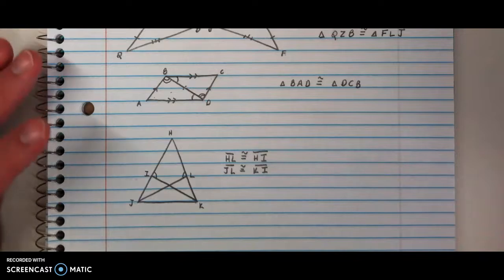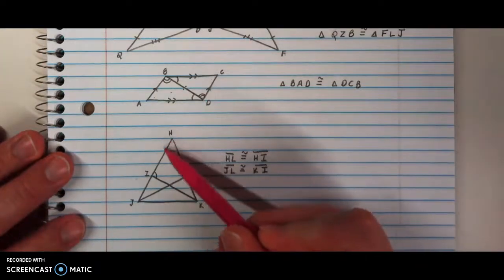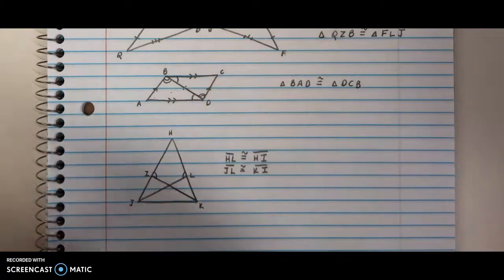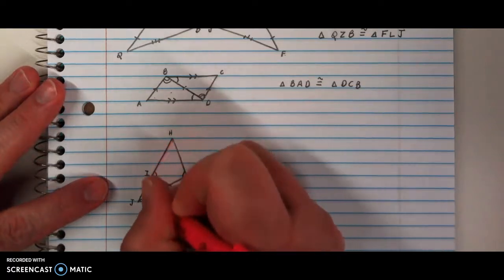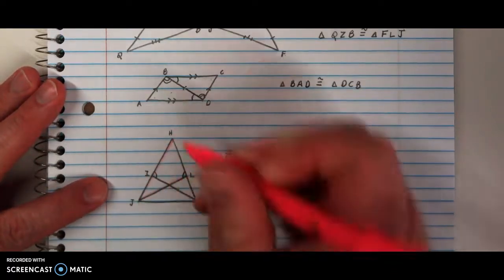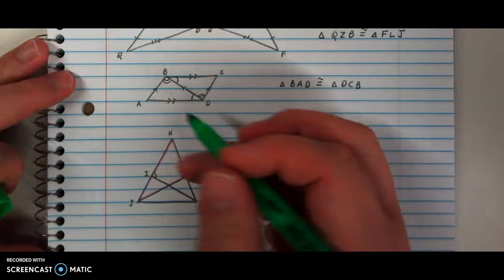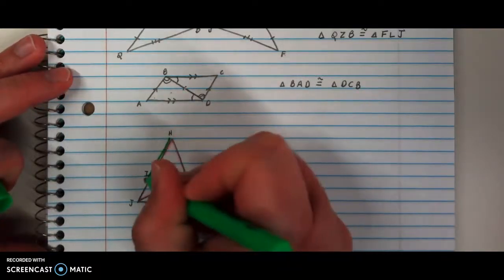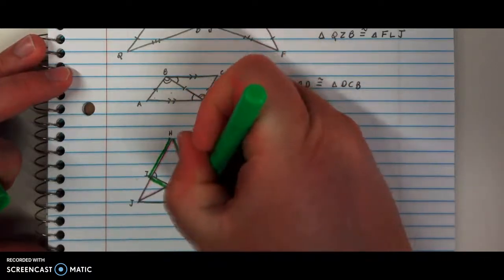So in this case, our goal is to prove that this triangle here, and I'm going to outline it in pink for our purposes, this triangle here is going to be congruent to this triangle in green, which is that one.